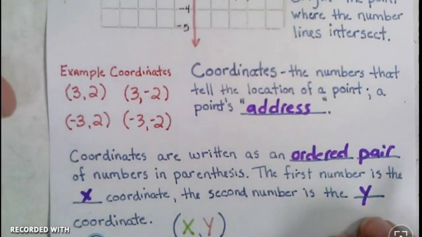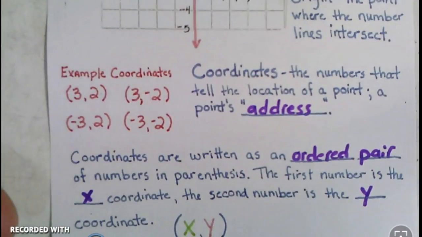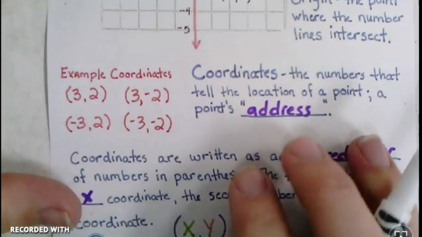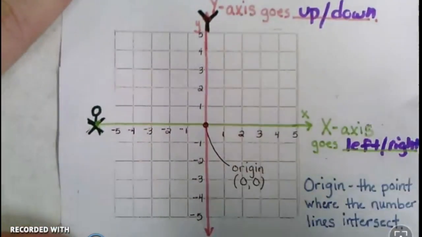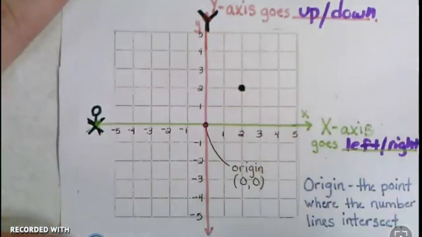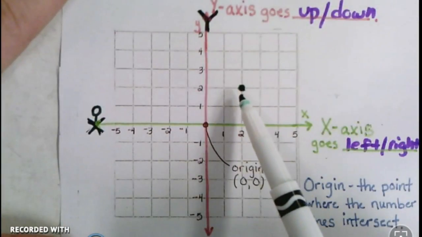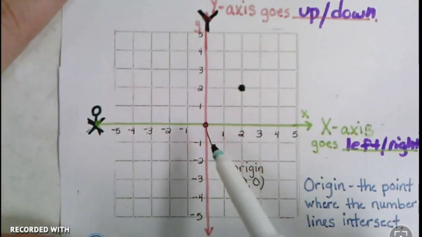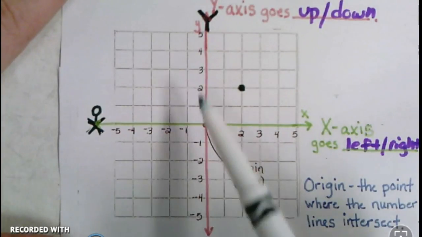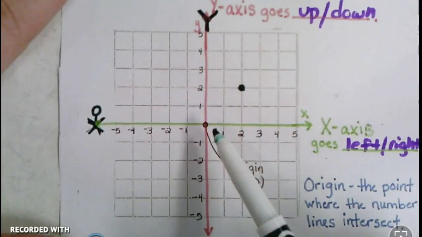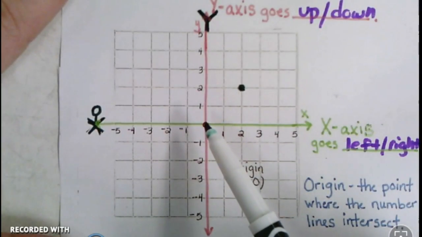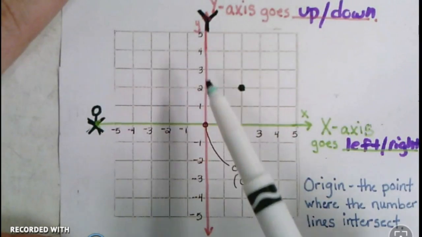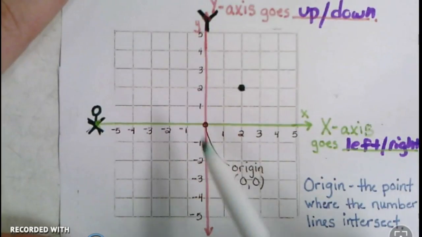Coordinates are the numbers that tell us the location of a point, or a point's address. When we make a point on a coordinate plane, like let's say I made a point right here, we're going to use coordinates to figure out where exactly this spot is. I do that by taking the location on the x and the y and finding where they meet. So I always do my x coordinate first. That's where that little hint comes in: we run into the store before we can take the elevator up and down.